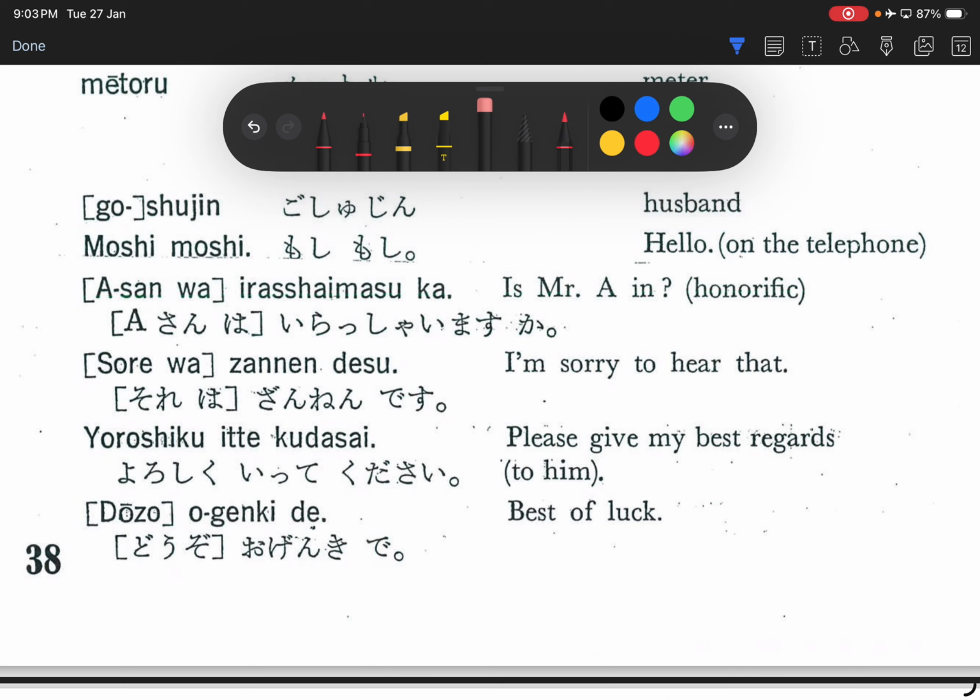So 元気で, remember the particle で just means, for example, ハンサムで綺麗です. We use the で to continue on with the next sentence. But in this case, this guy never continued with the next sentence lah. He's supposed to say お元気でください, something like that. He's supposed to use a ください at the back, but he omitted it. He just wants to say it in a very short way. So he just says お元気で.